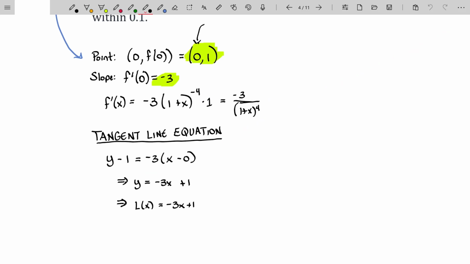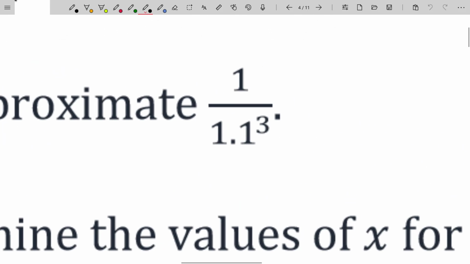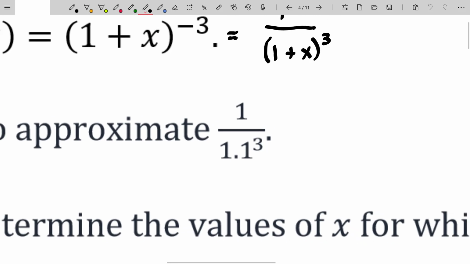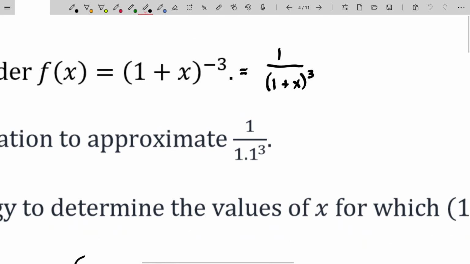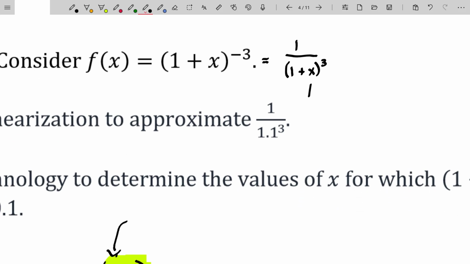So let's see, where do we want to approximate? Well, we want to get an approximate value of 1 over 1.1 cubed. And that would be f of 0.1. That's what we want to approximate, because if you plugged 0.1 in here, you'd have 1.1 cubed.